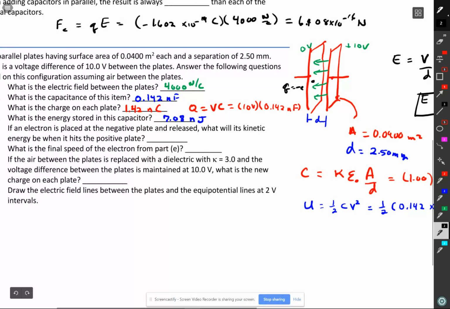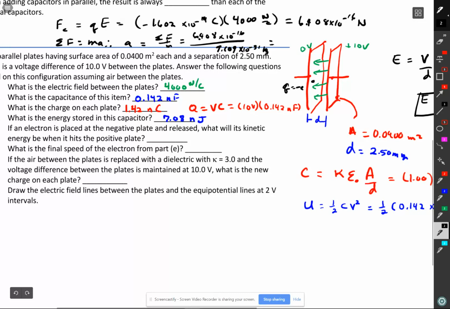And you're thinking, well, that's a really small force. But according to Newton's second law, the sum of the forces is equal to mass times acceleration. So the acceleration is equal to the sum of the forces over mass. Assuming that's the only force, that's going to be 6.408 times 10 to the minus 16 divided by the mass of an electron, which is small, 9.109 times 10 to the minus 31 kilograms.